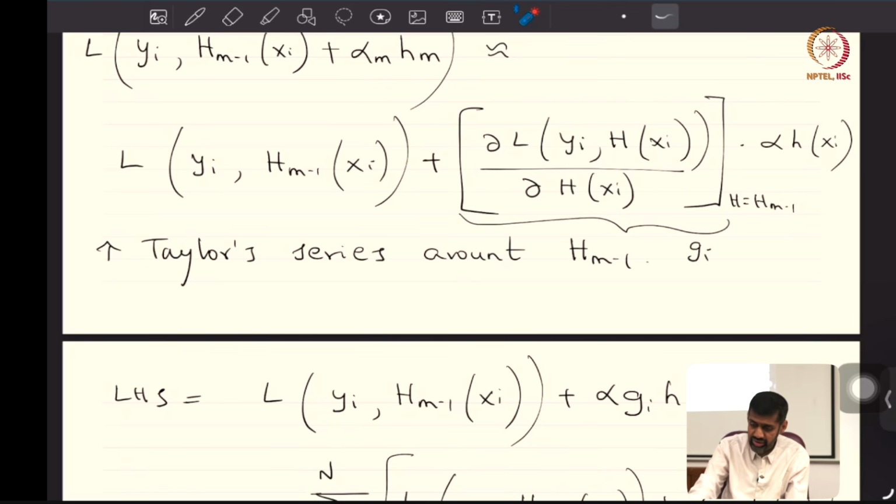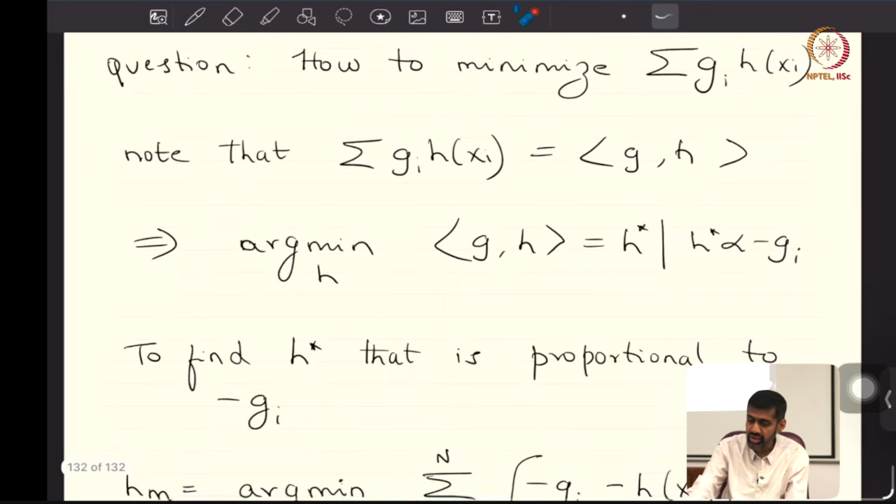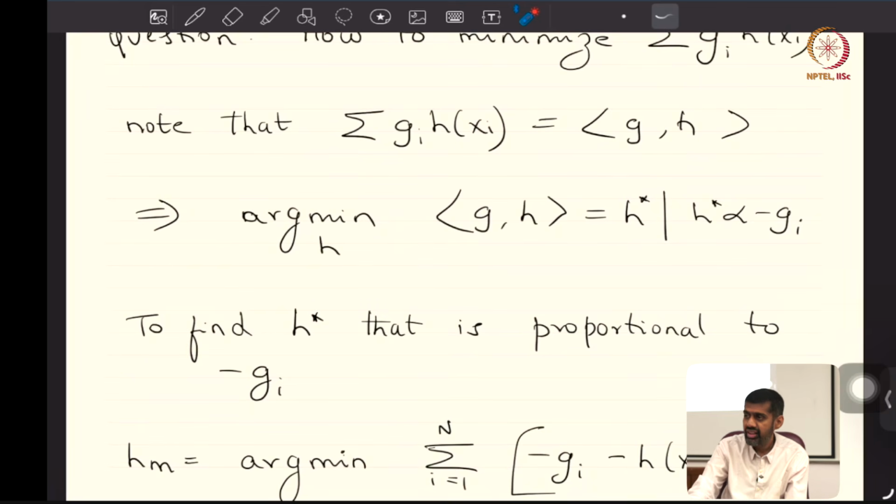Now the next question is how do we ensure that the classifier is equal to that particular gradient value at all possible x, which is what you asked. Treat that as a regression problem. So all I am saying is, to find hm at the mth stage, you will have to solve a regression problem by keeping the negative of the gradients as the labels.